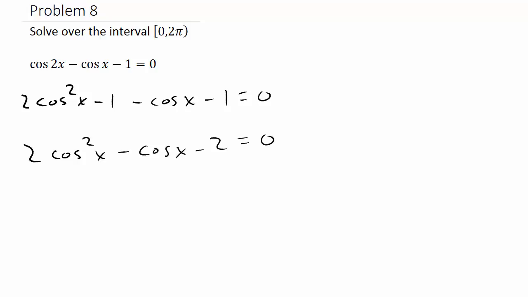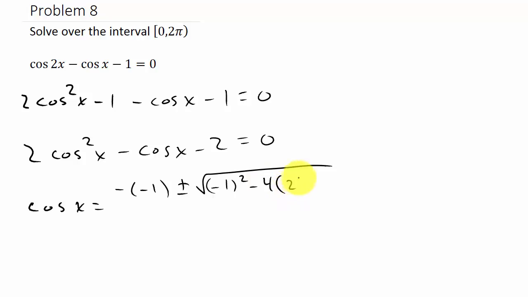Alright, so we notice this one doesn't factor, so we'll have to use the quadratic formula. So I get cosine x equals negative b plus or minus the square root of b squared minus 4 times a times c, all over 2 times a.